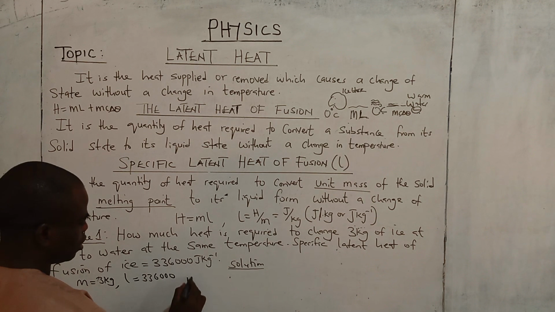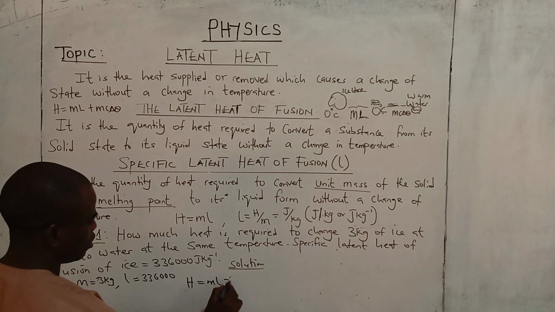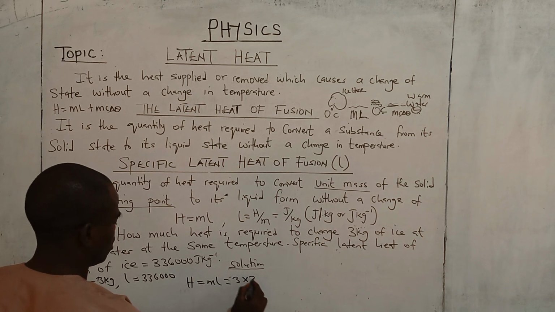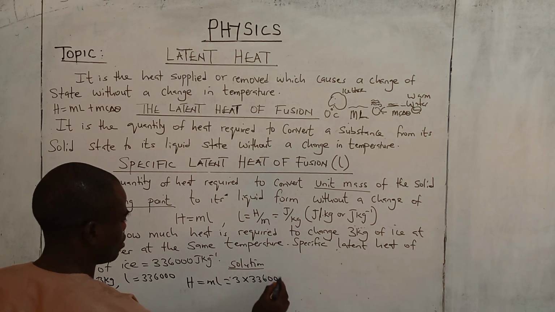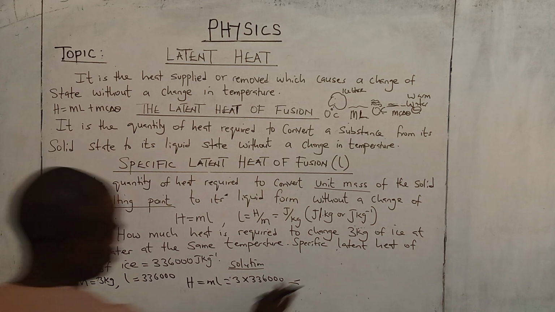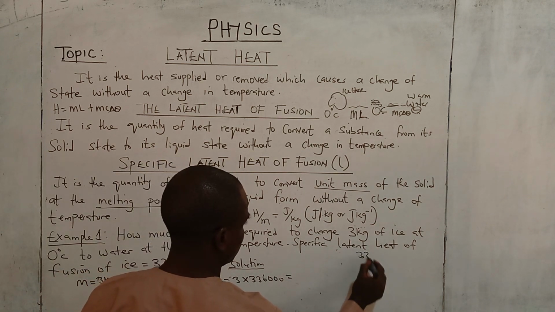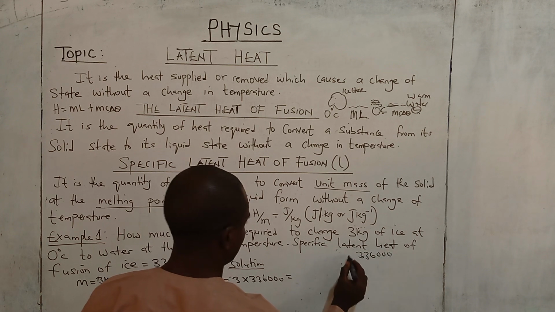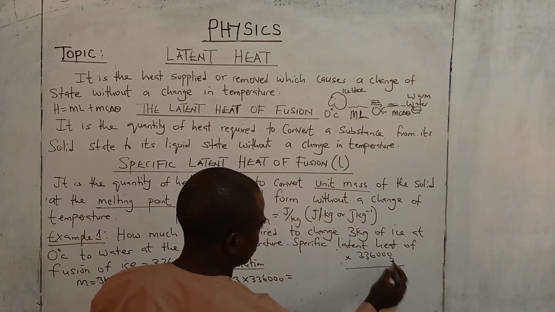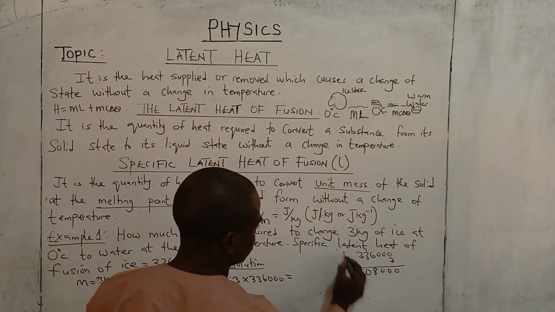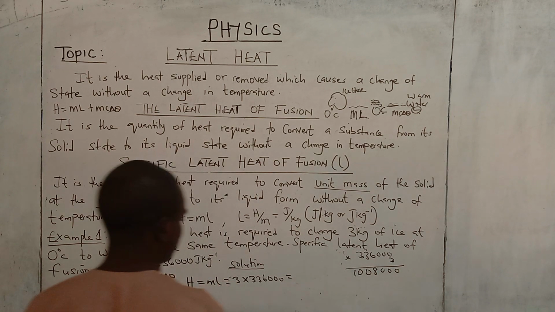Now mL is 3 times 336,000. We multiply it.